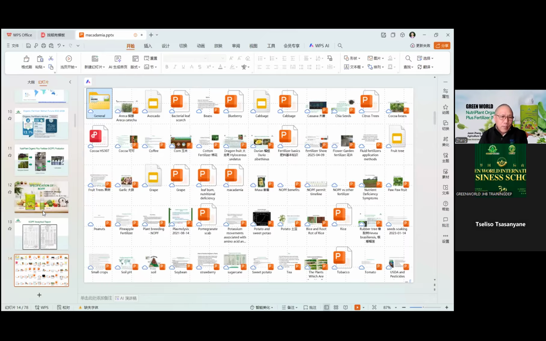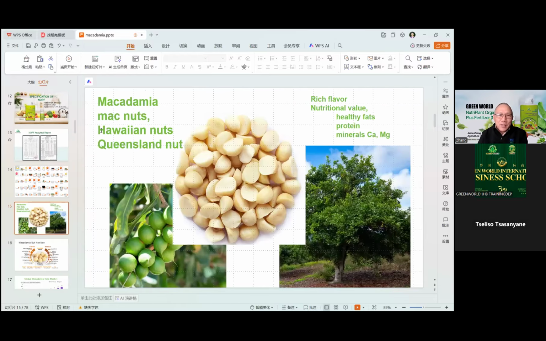And today, a while ago, somebody asked how to use fertilizer on Hawaiian nuts, or macadamia. In the US, we call them Hawaiian nuts because mostly they are produced in Hawaii, and in stores you sometimes cannot buy them.